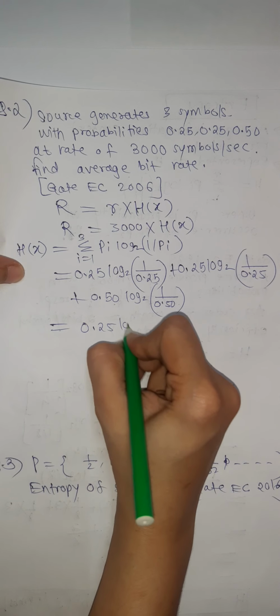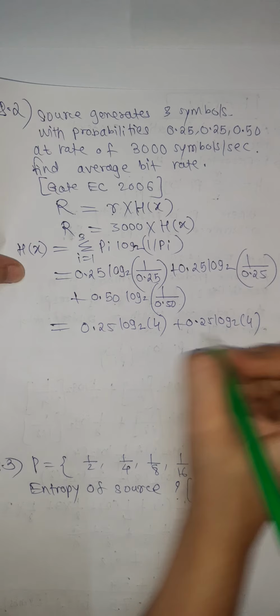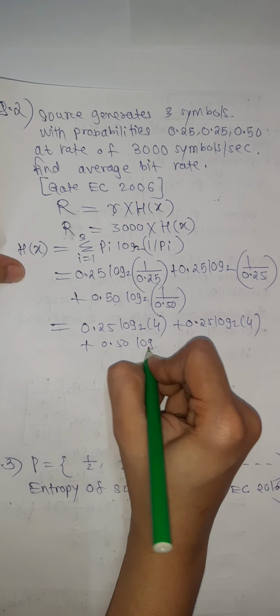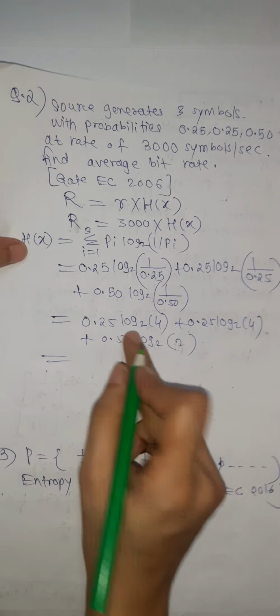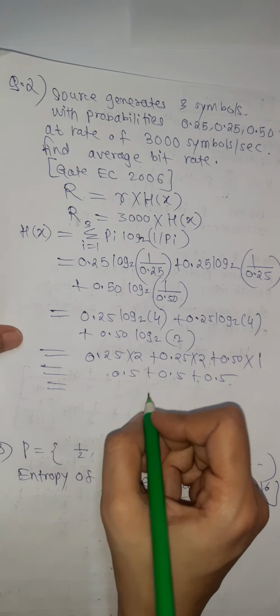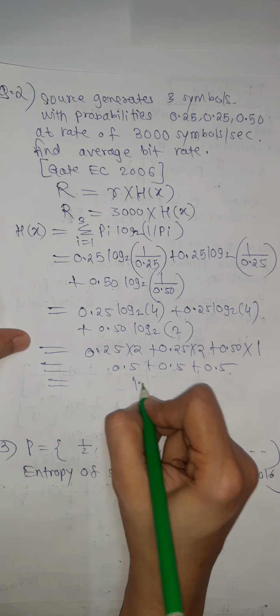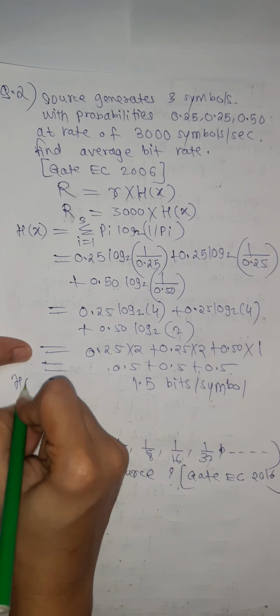So 0.25 log 4 plus 0.25 log 4 plus 0.5 log 2. We know log 4 is 2, so 0.25 into 2 plus 0.25 into 2 plus 0.5 into 1. So it will be 0.5 plus 0.5 plus 0.5, that is 1.5. 1.5 bits per symbol is our entropy.